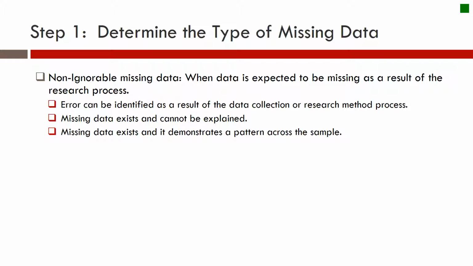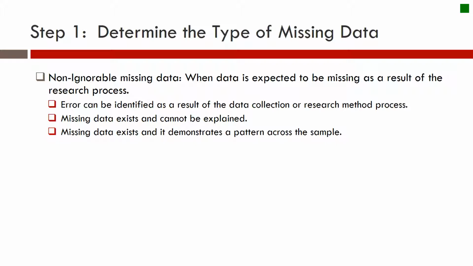Other reasons, like if we have some significant mistakes made in the data collection process that caused data to not be there, would be a reason to be concerned. Other than simple sampling error problems, non-sampling error problems would cause us concern.